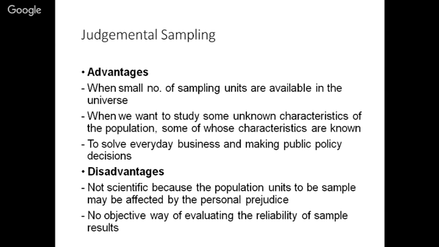That is a known characteristic of that population. Depending upon the economic status of my class students, I will select a sample to represent the whole population. Judgmental sampling is used for making public policy decisions, or in everyday business or marketing, based on the experience of the person conducting the sampling.